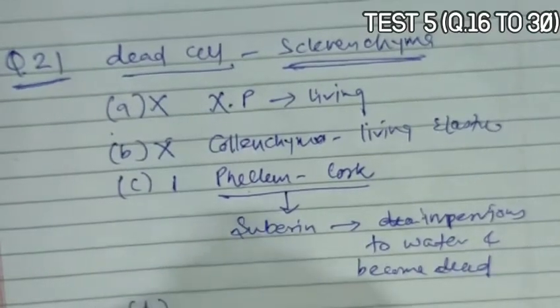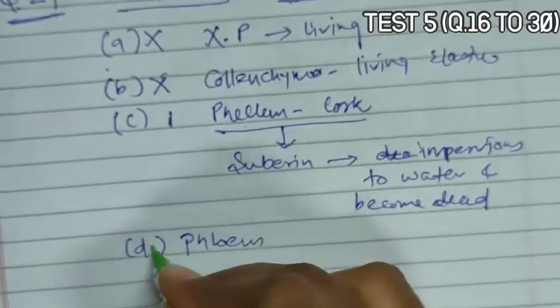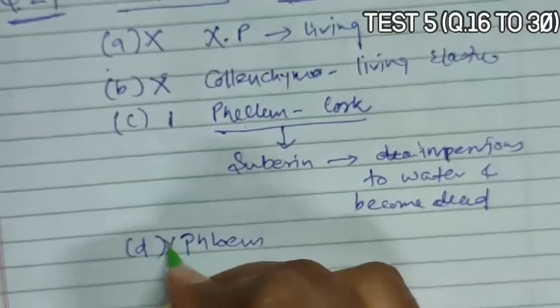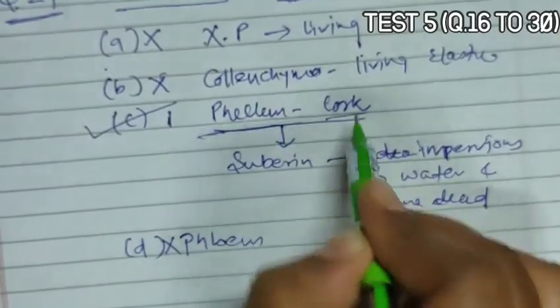Option D is given as phloem. Even though phloem is a primary tissue, it is living, so it is not dead. So option C becomes the correct answer, that phellem cork is a dead tissue due to suberin deposition.